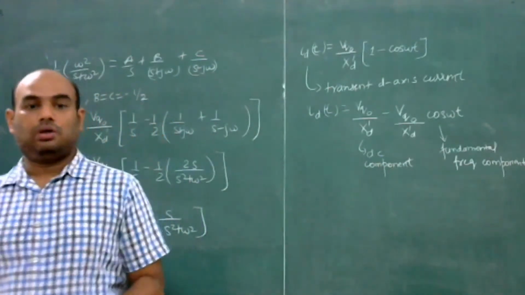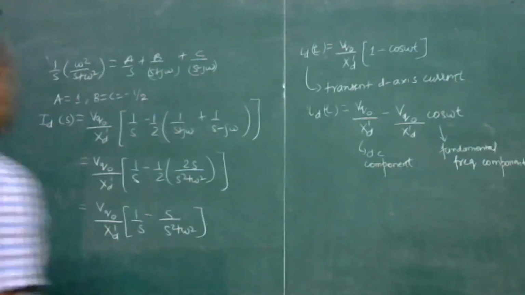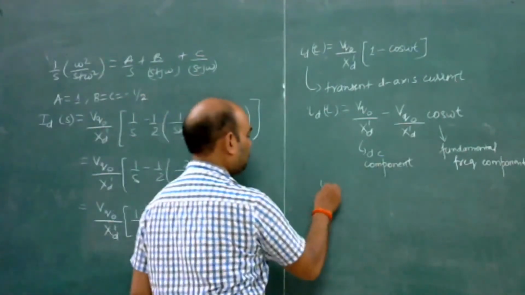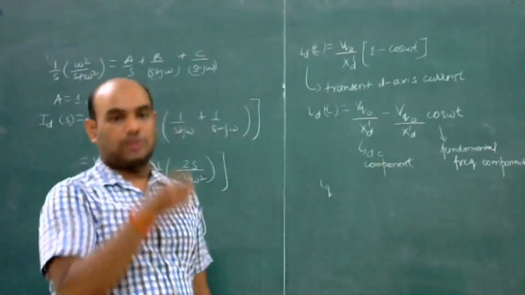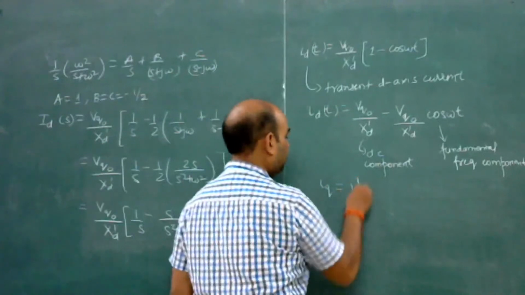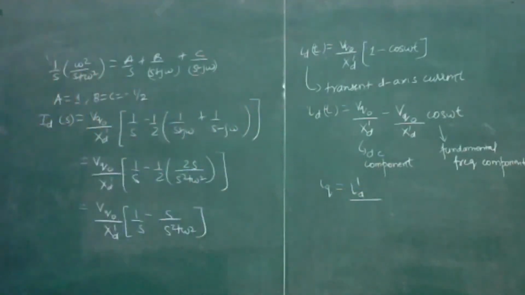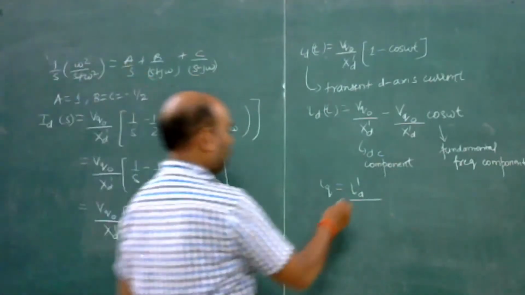Okay. So we can find the value of IQ also. Okay. So the relationship between ID and IQ is, so IQ is equal to LD dash P upon omega LQ.